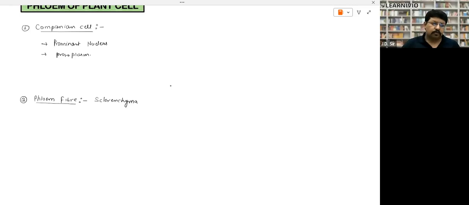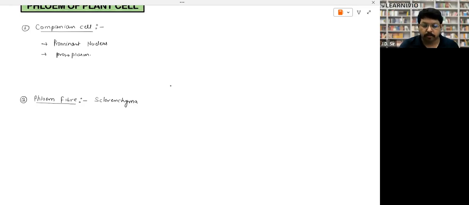Sclerenchyma. One very important thing which I want to share with you, you won't find this in the book. Basically the jeans pants you use, the linen you use, they all are phloem fibers, right? The coarse fiber of rough pants or trousers, if they are not made up of cotton, if they are not very thin, all these coarse fibers are made up of phloem, right?